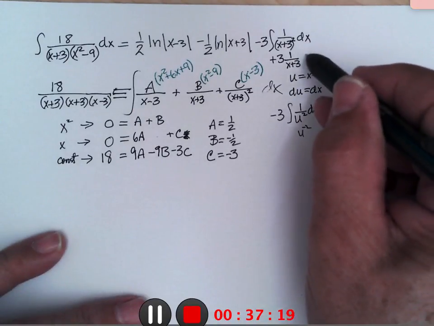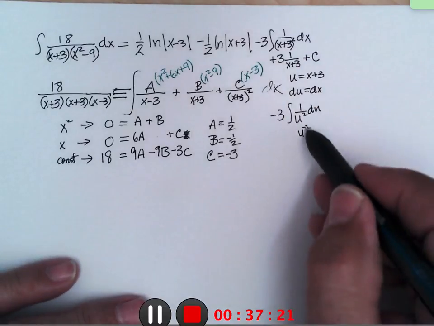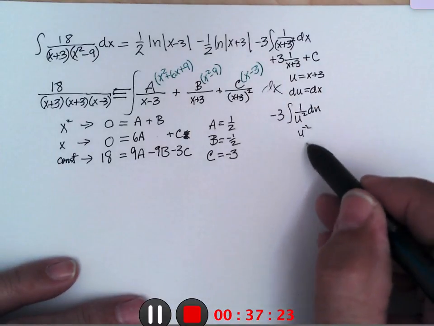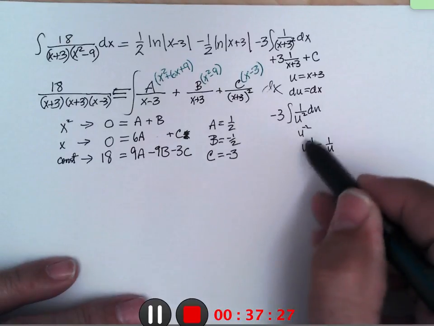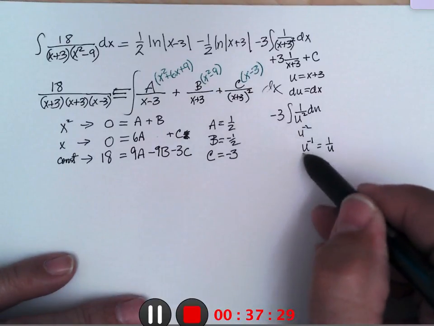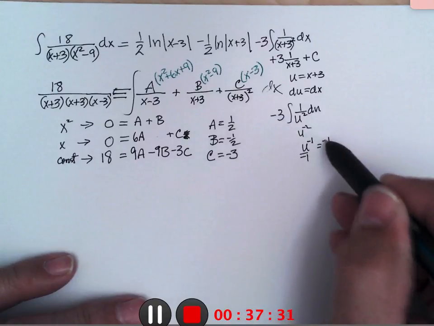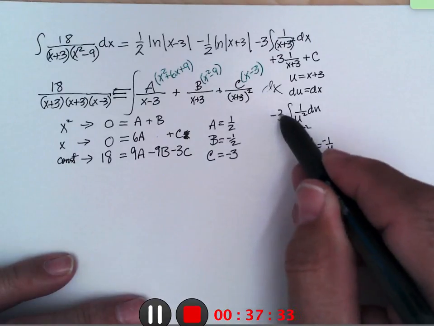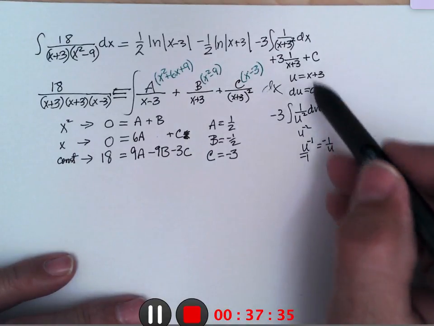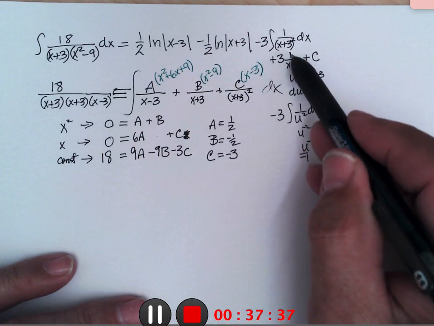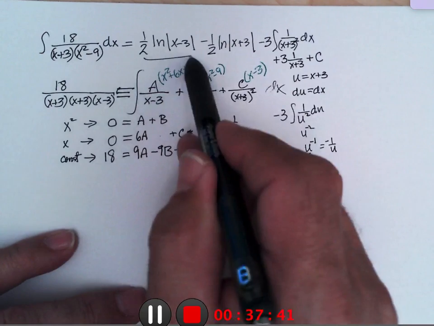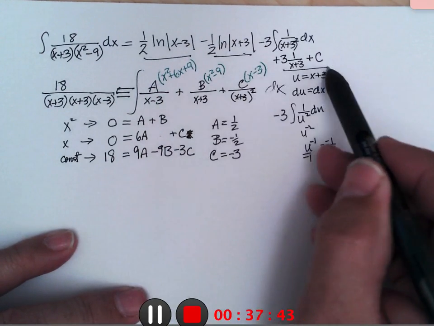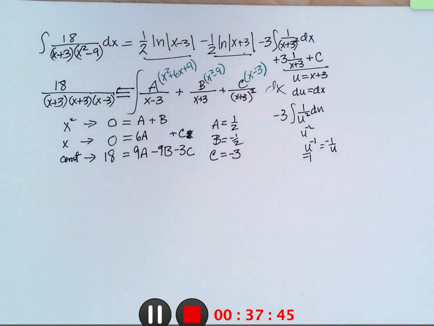Because if I add 1 to this, it becomes u to the minus 1, which is 1 over u, but it becomes also divided by minus 1, so it's minus 1 over u. So minus 3 times minus 1 over u is plus 3 over x plus 3. So that plus that plus that is the antiderivative of that.